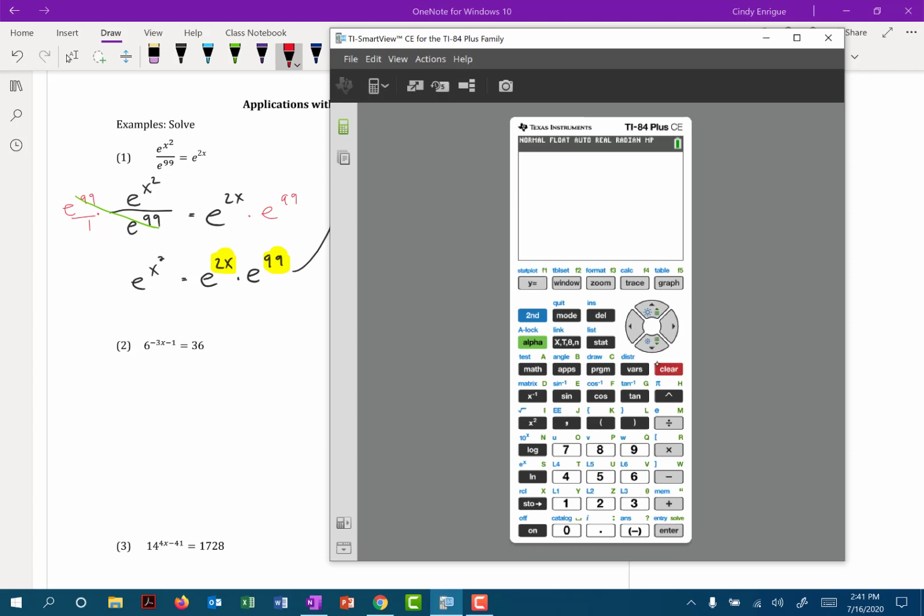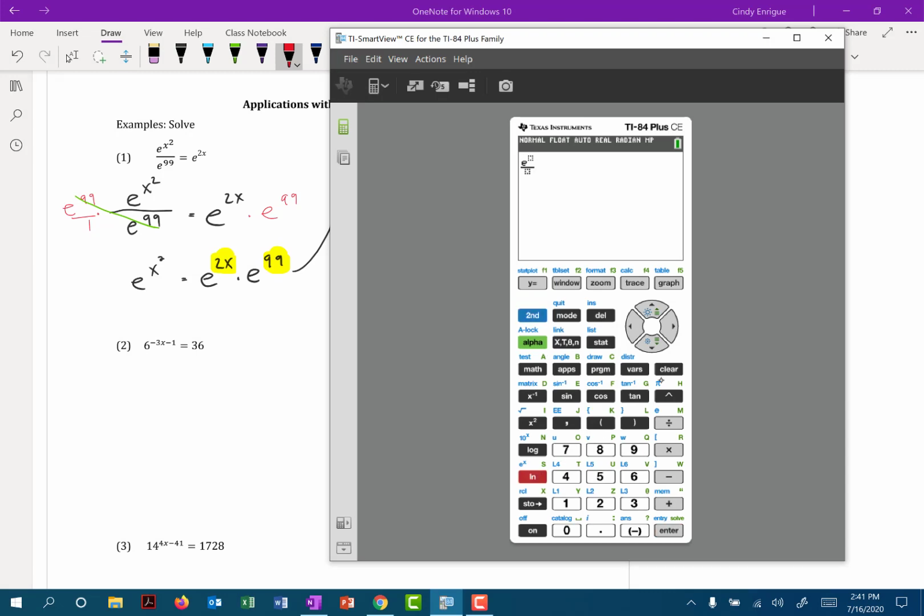Let's try that again. So I'm going to do my alpha, y equals my fraction, and I have my e. Calculator's going to be so messy. Okay, so here we go.